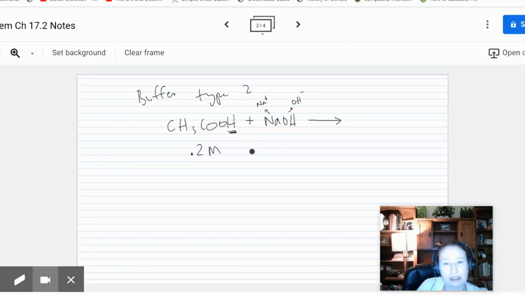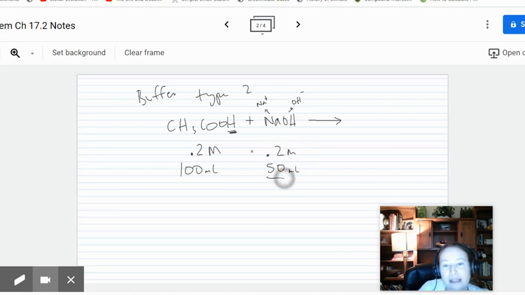So two things, I would have to have 0.2 molar of this. Let's say I have 100 milliliters. I want to get a buffer. I want them about 50-50. We'll talk about that later, in the amount of my product and my reactant. So if I have 100 milliliters of 0.2, if I react that with 50 milliliters of 0.2, this is a 1-to-1 ratio.